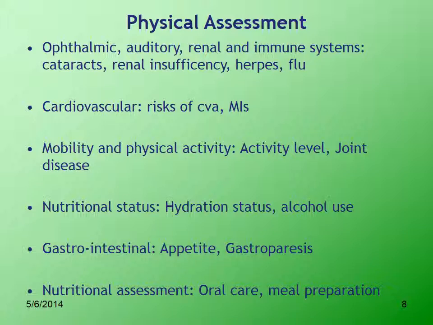We should assess for cataracts, renal insufficiency, herpes, flu, cardiovascular risks such as CVAs and MIs, mobility and physical activity, evidence of joint disease, activity level, nutritional status, hydration status, alcohol use, substance abuse, gastrointestinal issues, appetite, gastroparesis, oral care, and meal preparations.